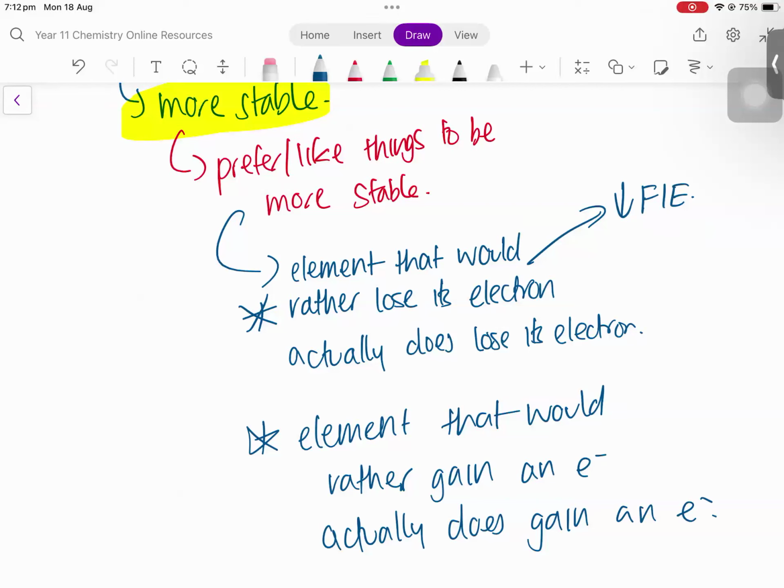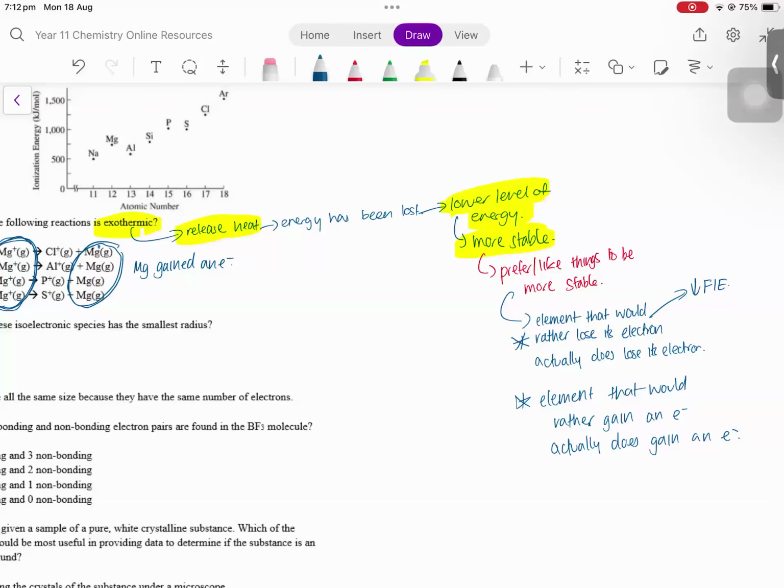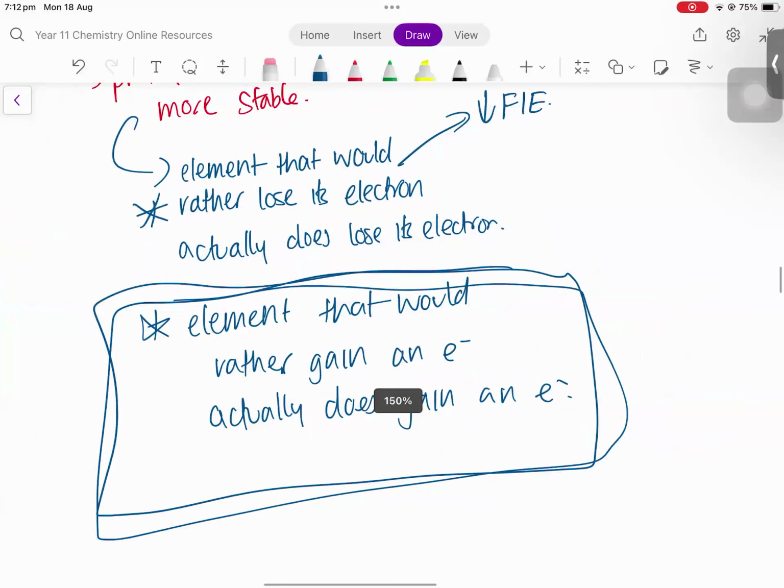So you can talk about it both ways. You can talk about the one that wants to lose, you can talk about the one that wants to gain. In this case, magnesium in all four cases is gaining an electron, so I'm going to use this second one just because it's easier. Otherwise I have to keep thinking back and forth.